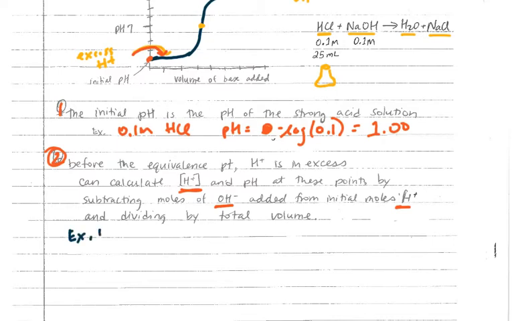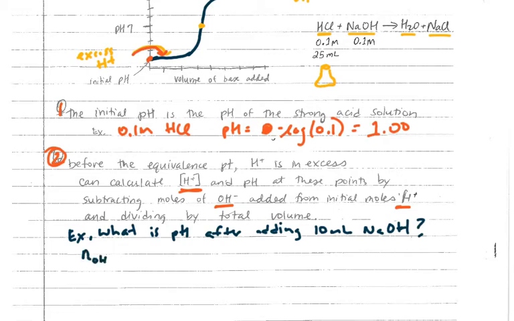What is the pH after adding 10 milliliters of sodium hydroxide? So let's figure out first how many moles of sodium hydroxide did we add? And we can also figure out how many moles of H plus we had.